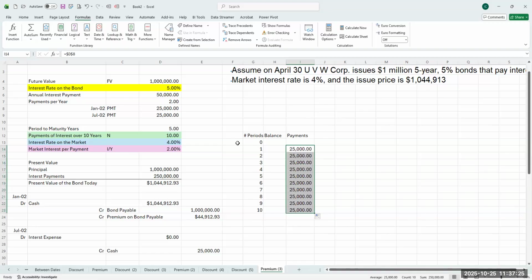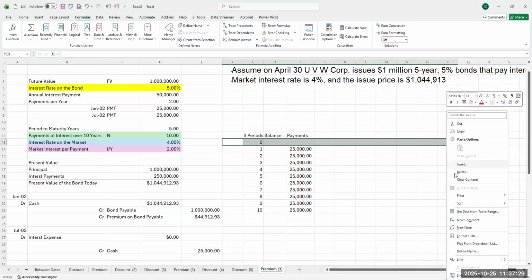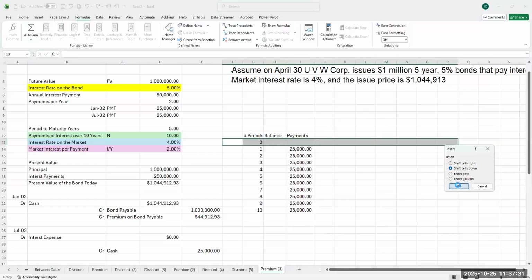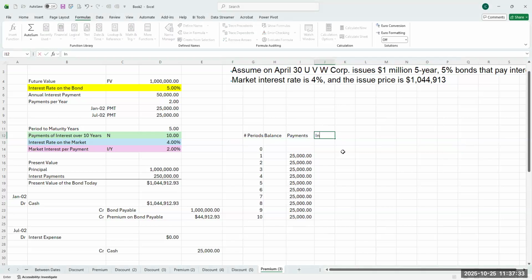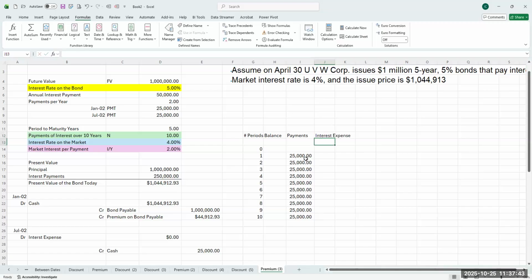Next thing that we have to calculate will be the interest expense. Let's push it down a little bit. For the interest expense, we need the percentage, and the percentage is the market rate, 2%. Then we're going to have our difference here.